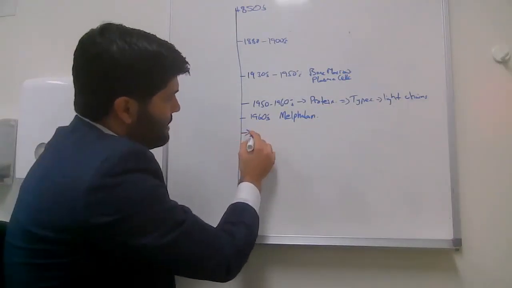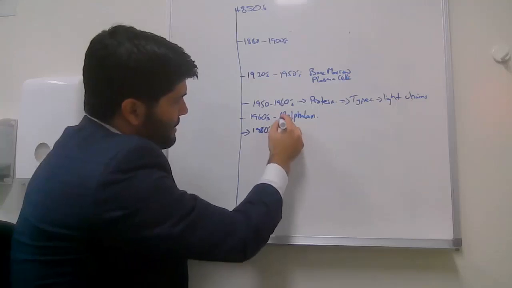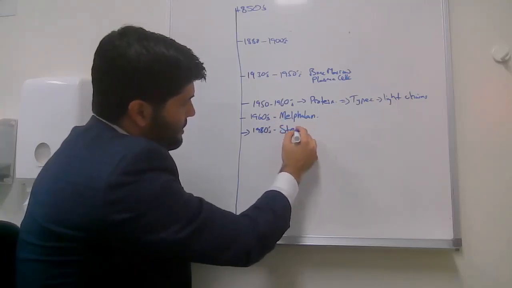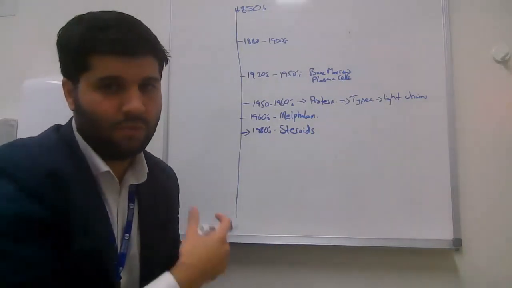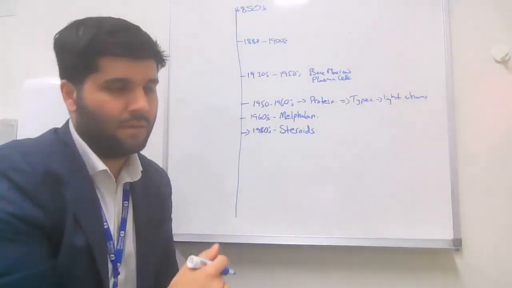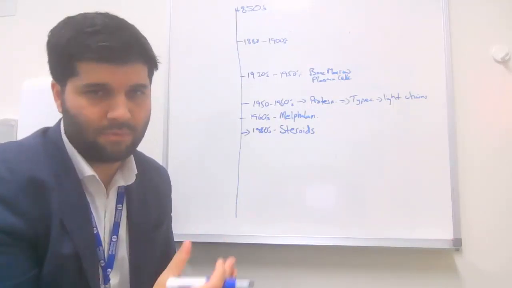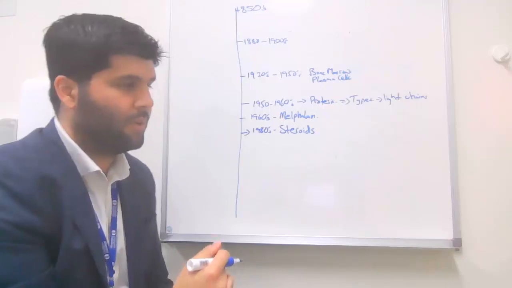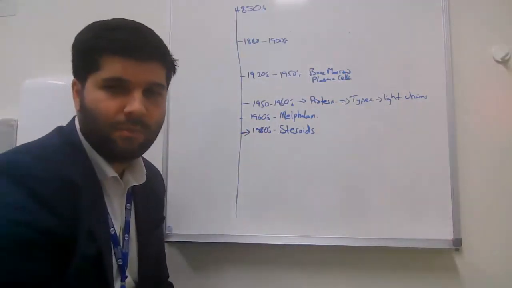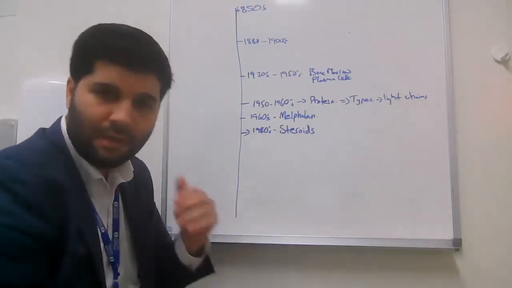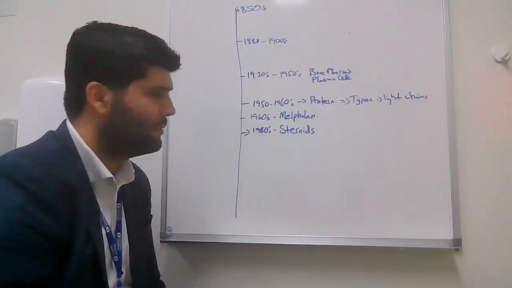And within the next 20 years or so, an important discovery was that steroids, which if anyone has had treatment for multiple myeloma, you will realize is a very common therapy that's utilized in almost every single regimen that we use to treat myeloma. But it was in the 1980s that we discovered that steroids actually help treat patients with multiple myeloma.